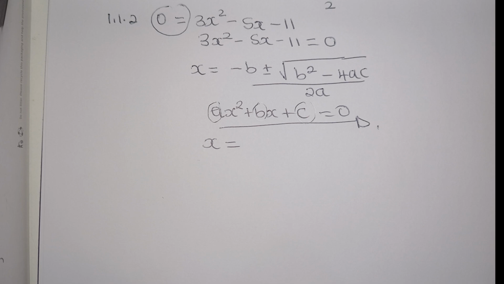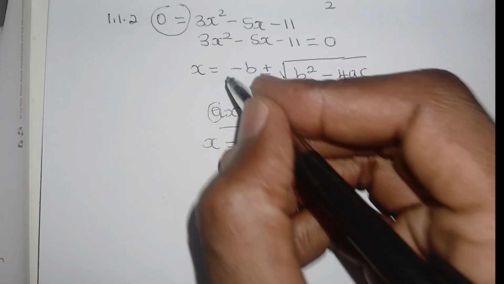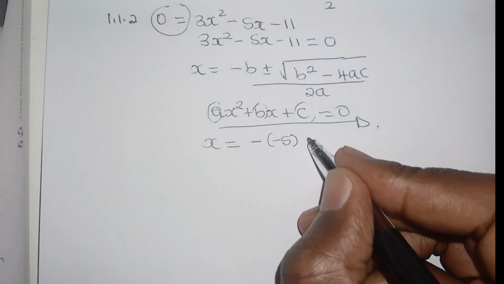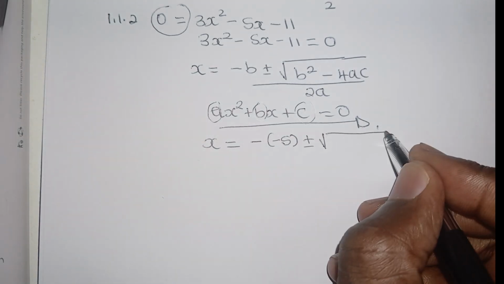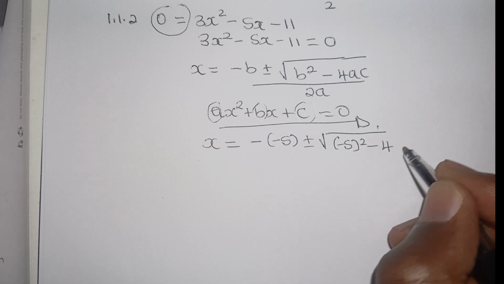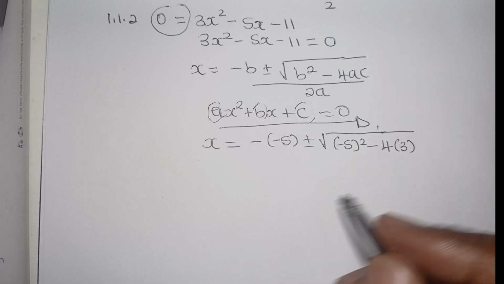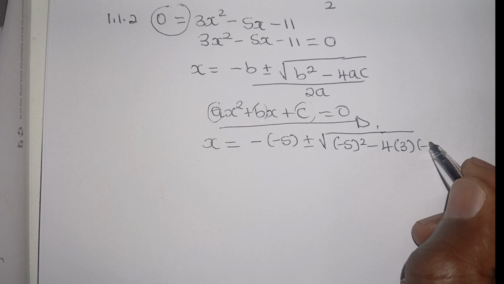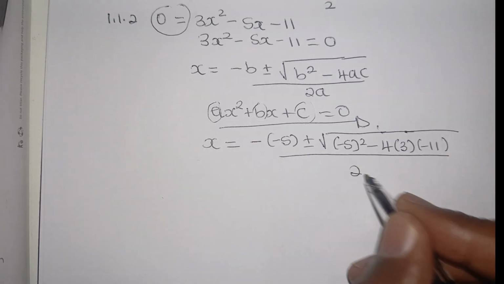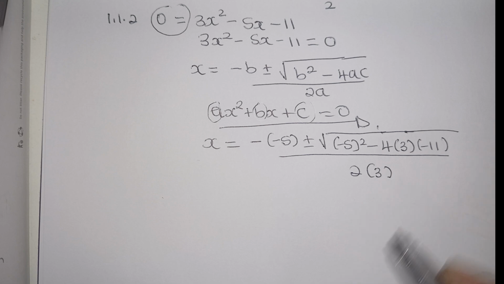Now, you then say X = ... which one is your B? Your B is -5. So now you have to say negative B in the equation: -(-5) plus or minus the root of (-5)² - 4. Then your A is 3 and your C is -11. Then divide by 2A, so A is 3. Right.